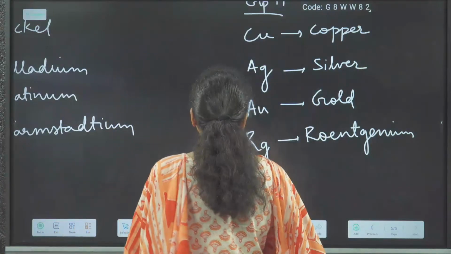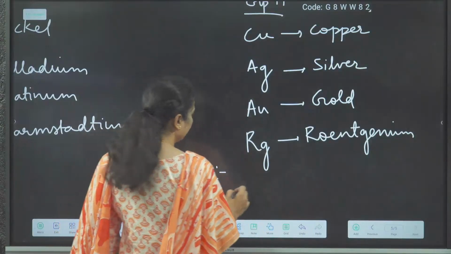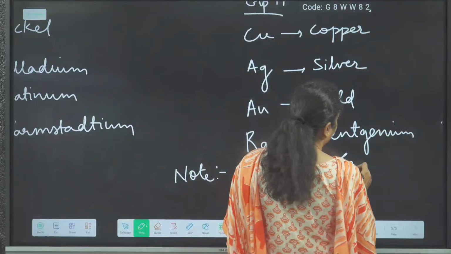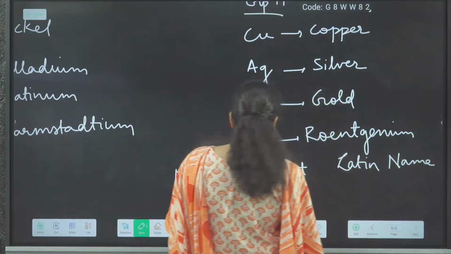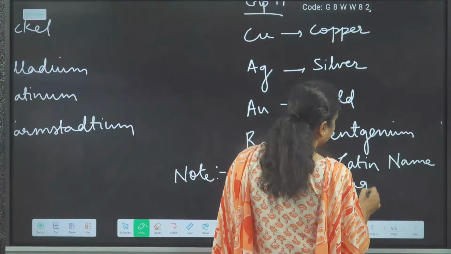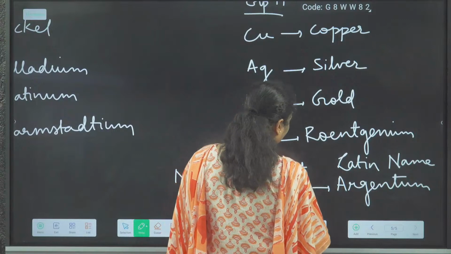So we are going to write down a note here. Element, Latin name. For silver, you are having argentum. For gold, you are having aurum.